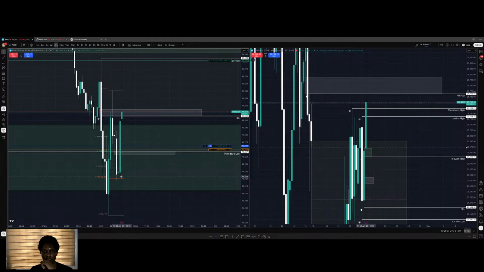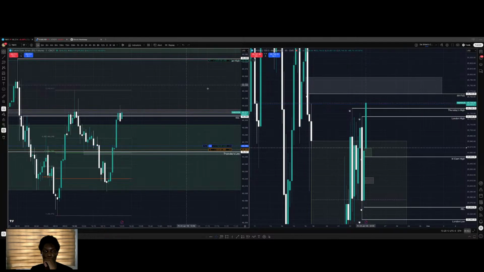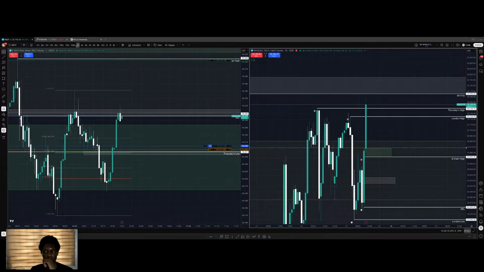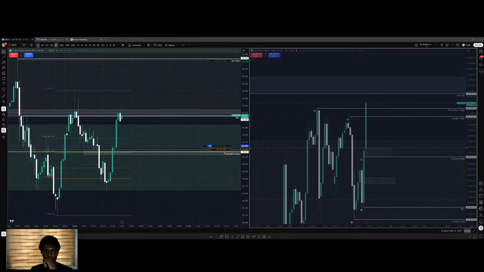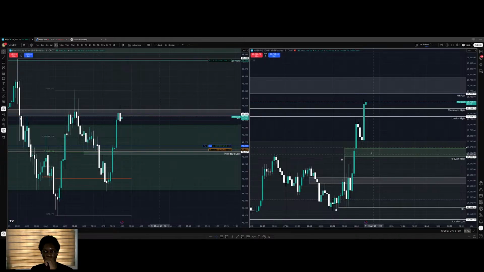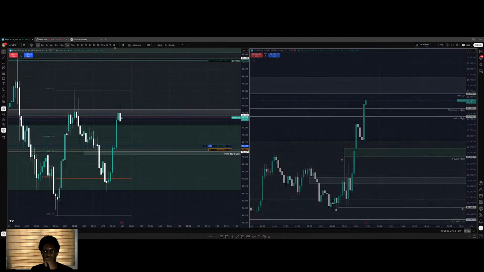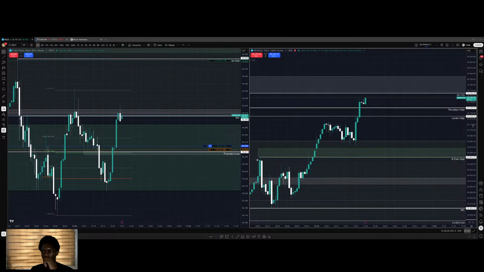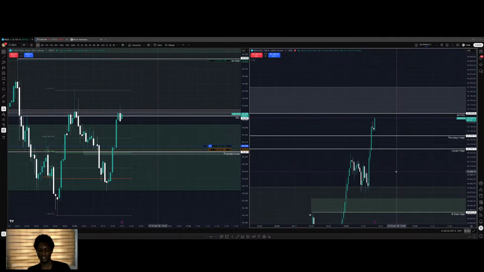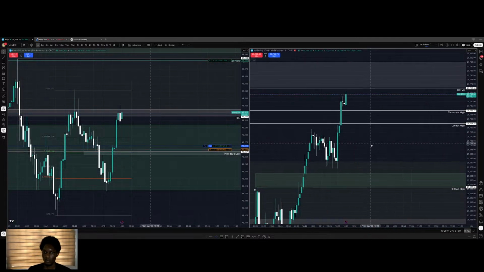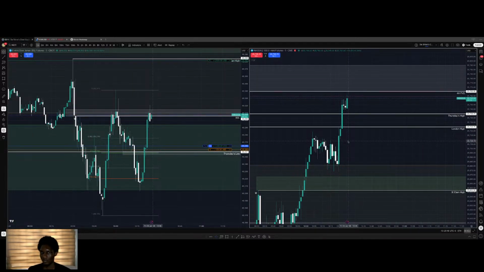So this is the 5 minute candle close from year to year. Incredible. I mean, so far there's nothing for me to do.